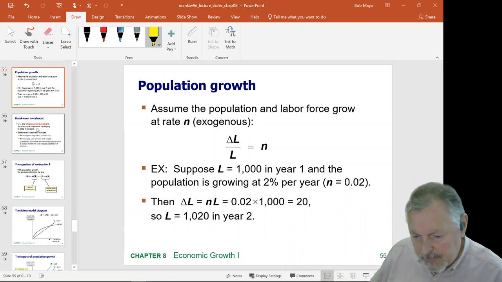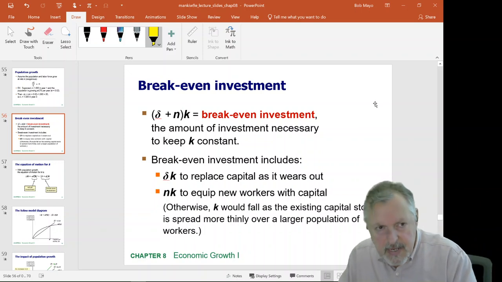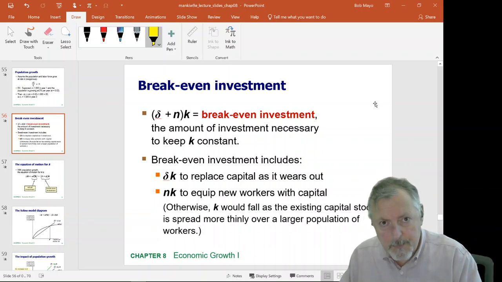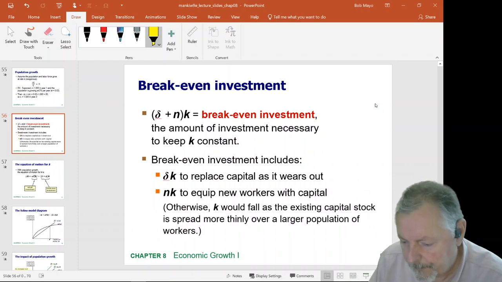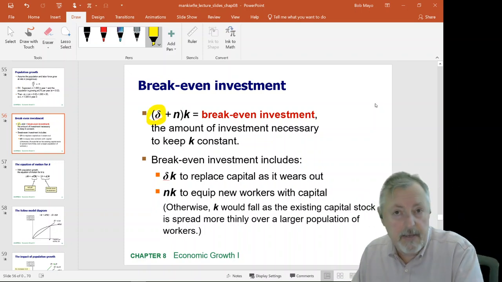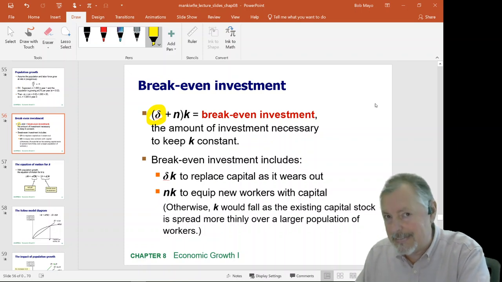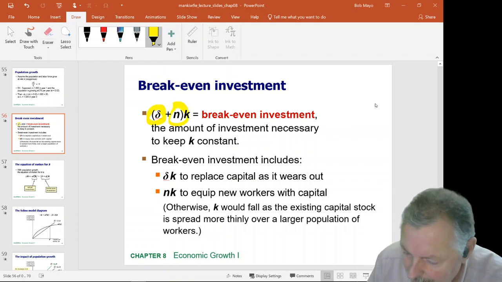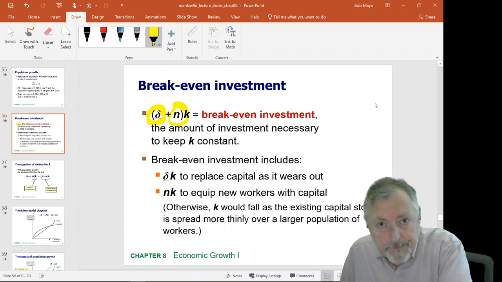If the population can grow, then your steady state, where you're neither gaining nor losing capital per worker, has to equal the depreciation rate. You still have to replace capital that wears out, plus you have to add capital for all the new workers.